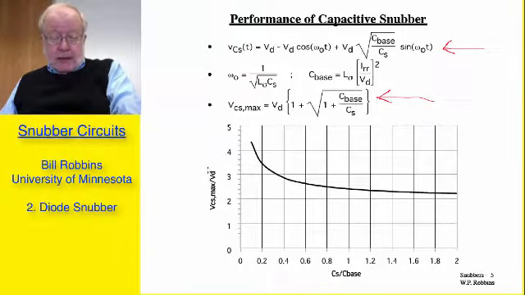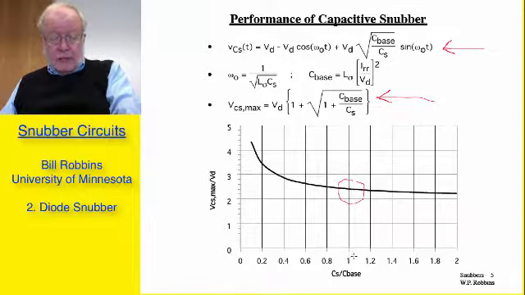And I have plotted here the normalized voltage, the actual voltage divided by V sub D, as a function of the normalized capacitance, CS over C base. Initially, we have a fairly rapid decrease in the overvoltage as we increase the capacitance C sub S, but by the time we reach, for example, CS equal to C base, we've reduced the overvoltage down to a normalized value of about 2.4.